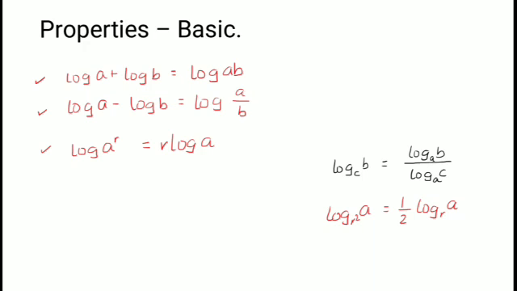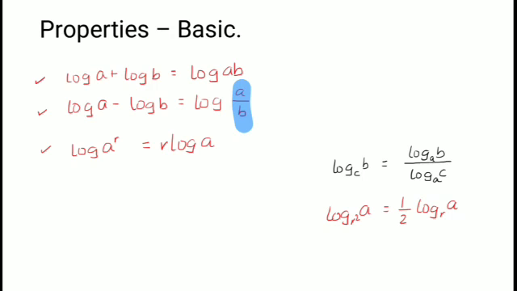There are some basic properties of log which you have to keep in mind. These are very simple. Let's start from the easiest property. If there is an addition of two logs, then the log will be common and the inside part will be a product. So log a plus log b will be equal to log ab. Similarly, if there is a minus sign, it will get divided.